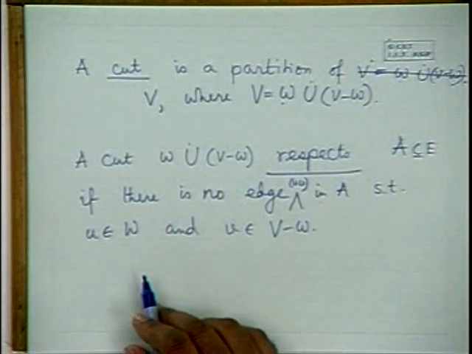Why is it called respects? It means all the edges of the edge set A are either from the set W or from the set V minus W. It does not have any edge which goes from one set to the other set.